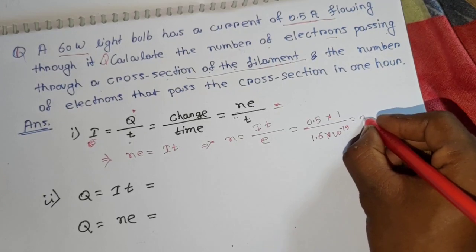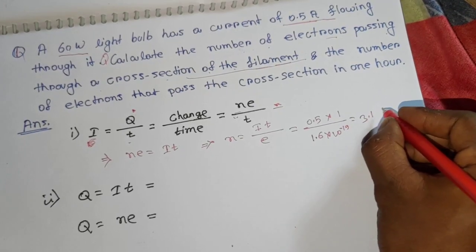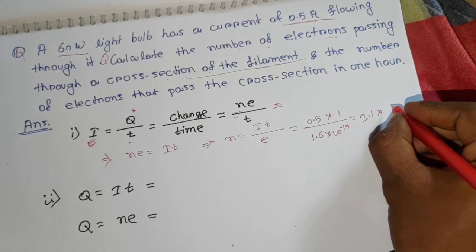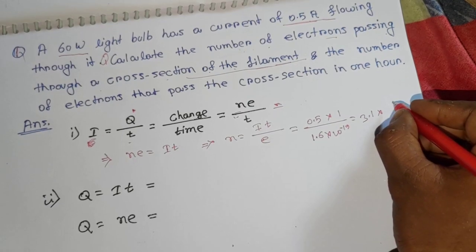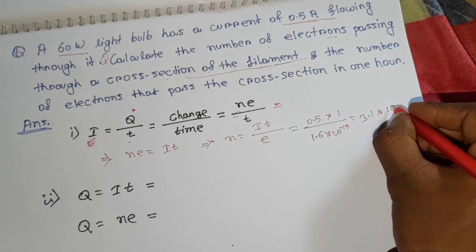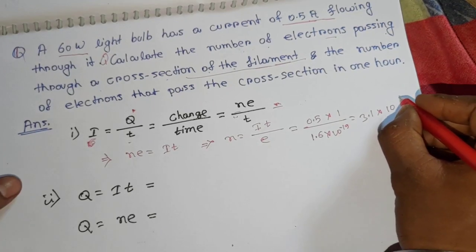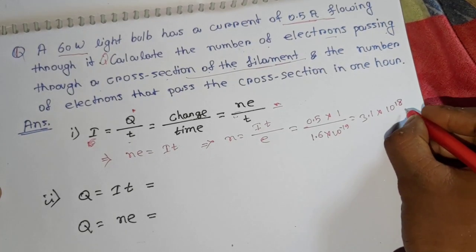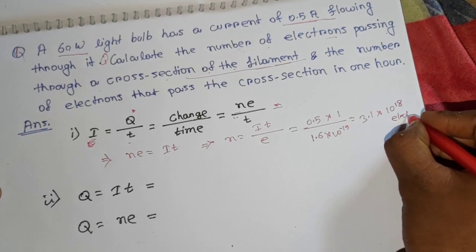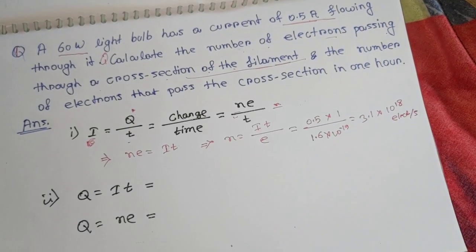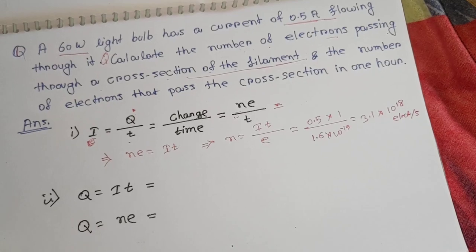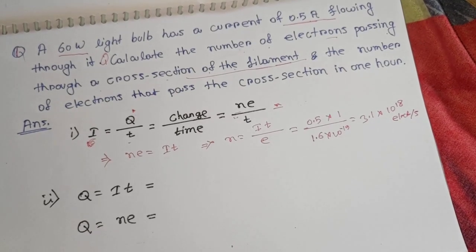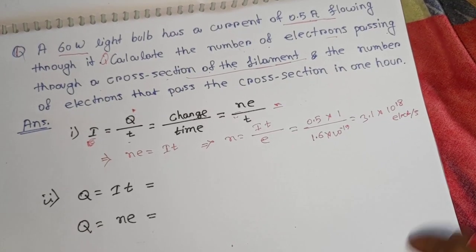This comes to 3.1 into 10 to the power 18 electrons per second.